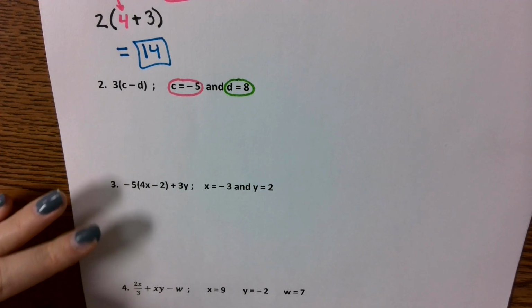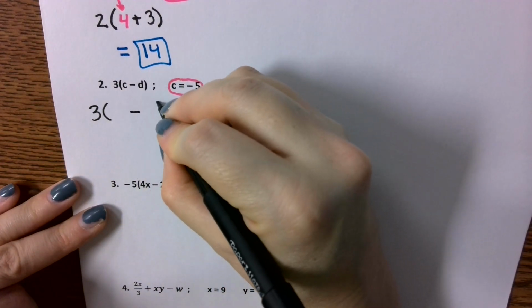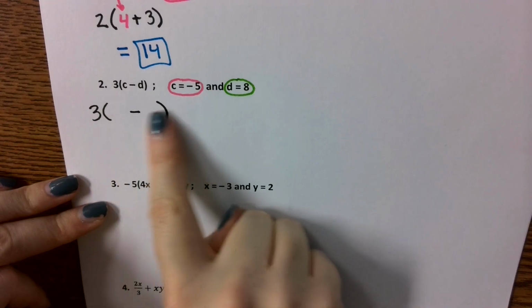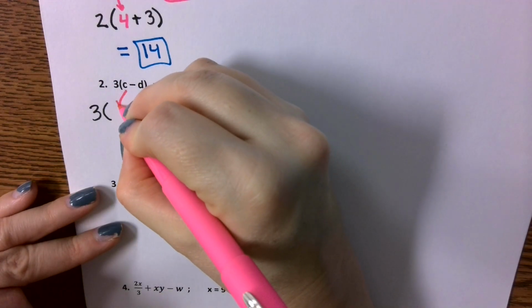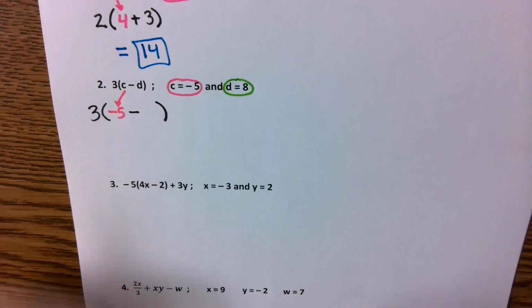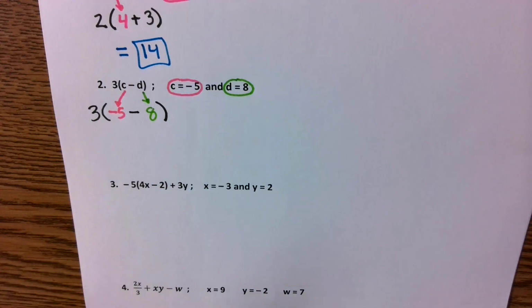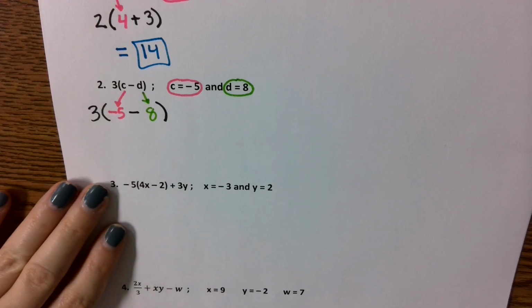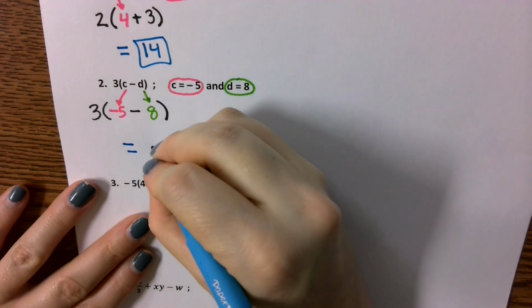So instead of 3 times c minus d, I'm bringing everything down that's going to stay the same, I'm plugging in, instead of c, it's going to say negative 5. Instead of minus d, it's going to say minus 8. So again, you can type that into your calculator exactly as you see it, and then hit enter, and what do we get? Negative 39. Very good.